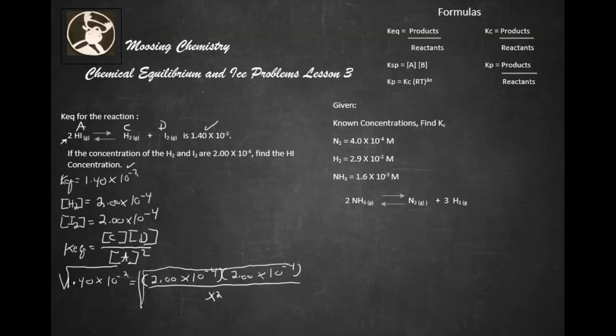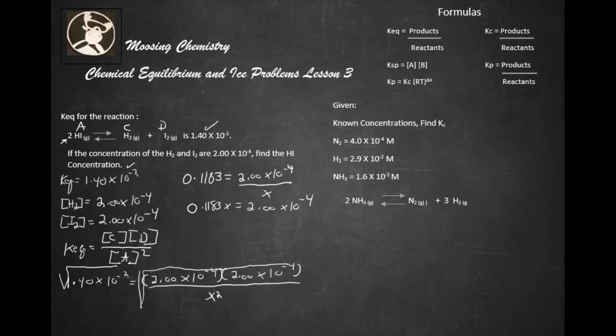And when I do, I get 0.1183 equals 2.00 times 10 to the negative 4 over x. So now I get 0.1183x equals 2.00 times 10 to the negative 4.